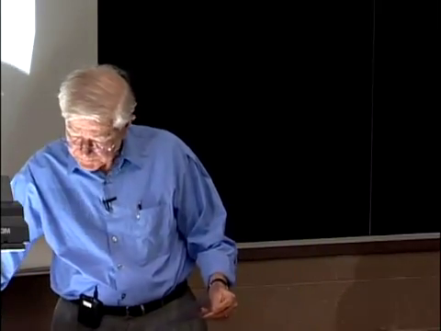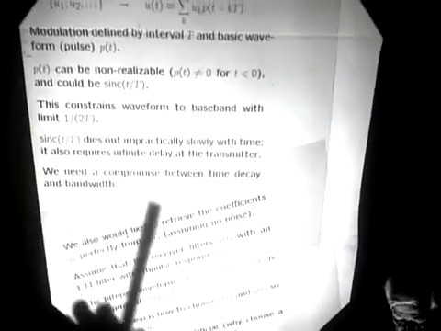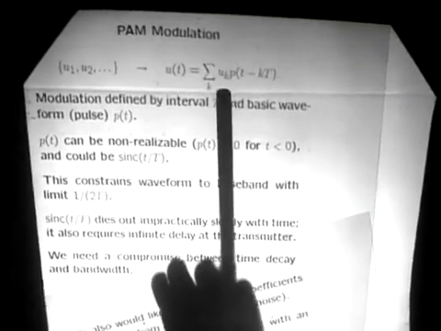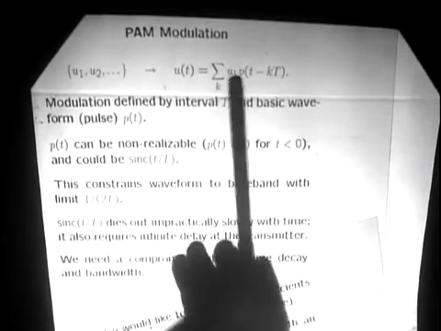Okay, so our problem is, how do you take the waveform u of t, which you receive, and find these samples out of it?